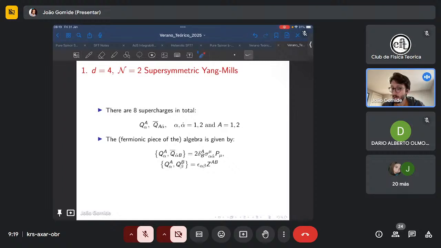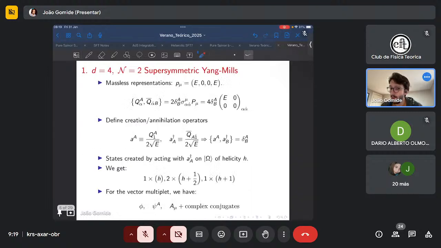This will be important to us because later we'll see that the existence of this central extension is important for the allowed states in the theory. So far it's basically the same thing that you guys saw in Dennis's course.